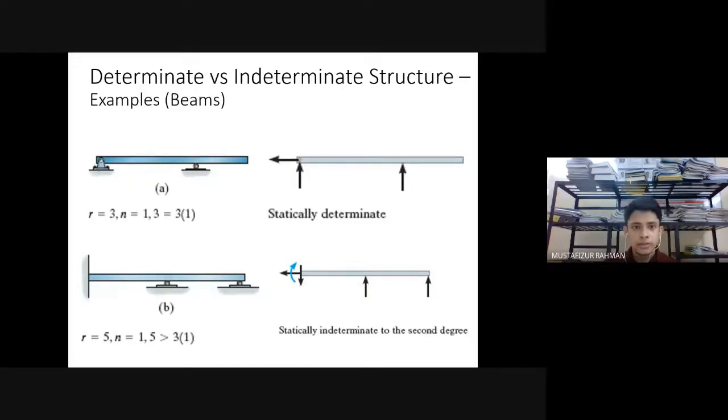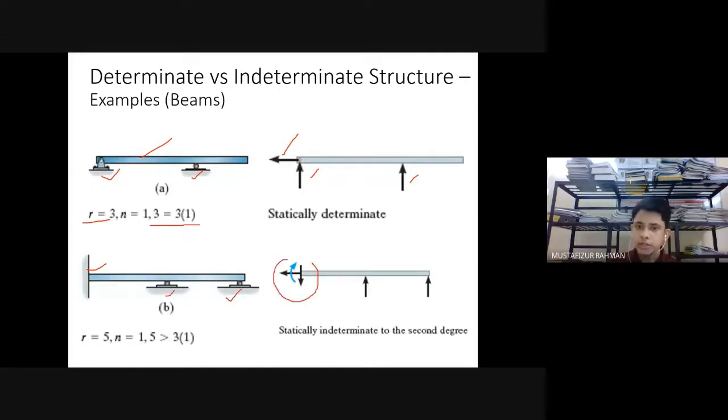Here we have a hinge support. Here we have a roller support. So we have 3 unknowns. How many equations can we write? We can write 3 equations. We have 1 member, we can write 3 equations, and that means this is statically determinate. Then we have another structure here. Here, fixed joint, roller joint, and roller joint.